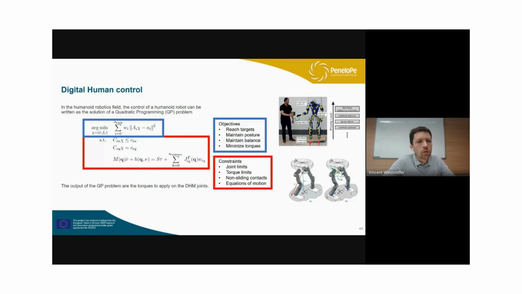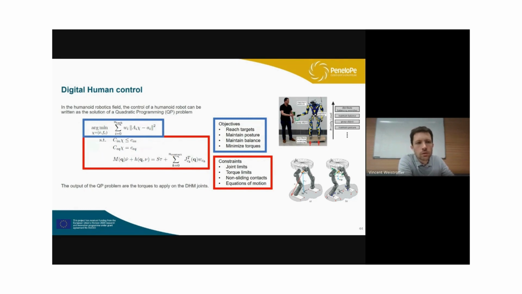It's an example of a quadratic programming problem that is actually used in the humanoid robotics field. Usually in the humanoid robotics field, the control of the humanoid robot is written as this kind of problem. So it's a quadratic programming problem, a QP problem, in which you have to minimize some objectives while keeping some constraints.